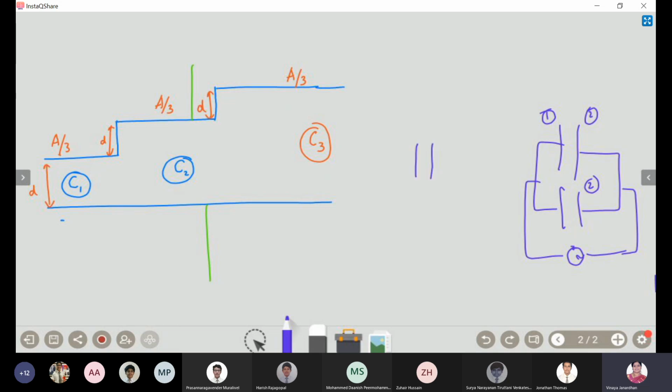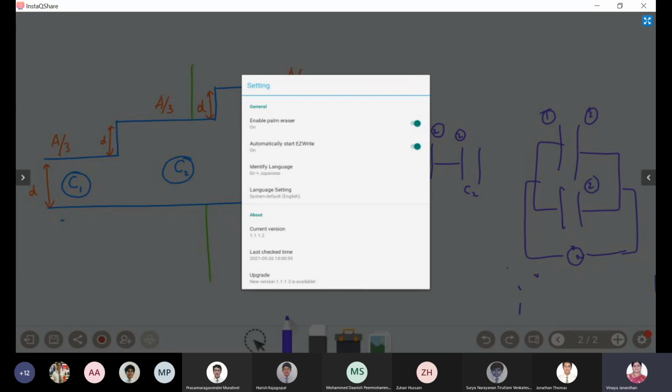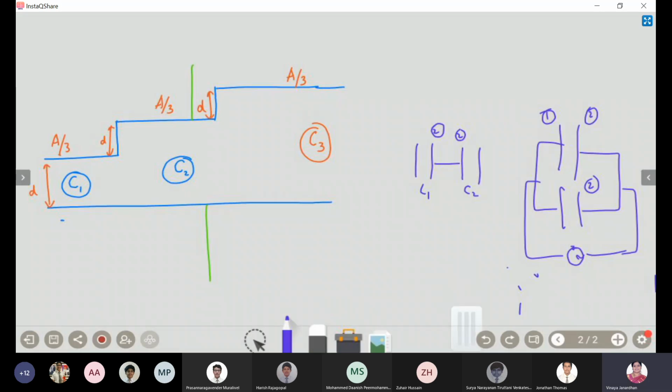Now, which is your series connection? In series, the second plate of the first capacitor and the second capacitor are directly connected. The first plates of both capacitors are not directly connected, but they are connected by means of a power supply. Such connections we call series connections.